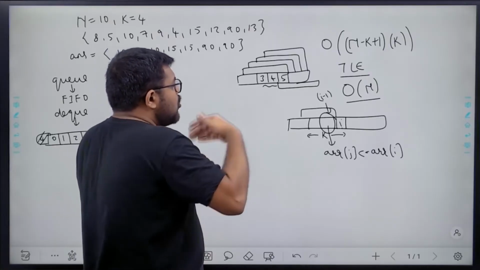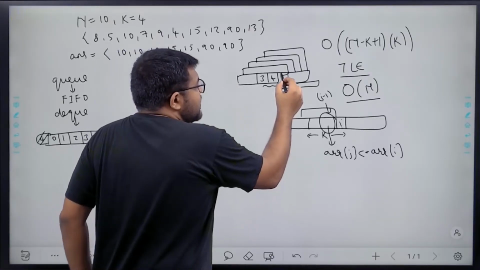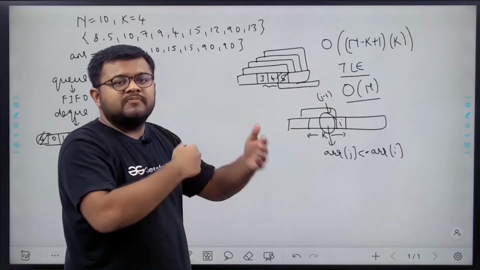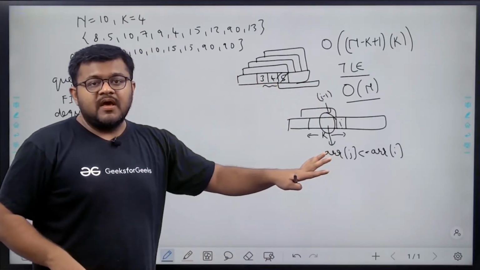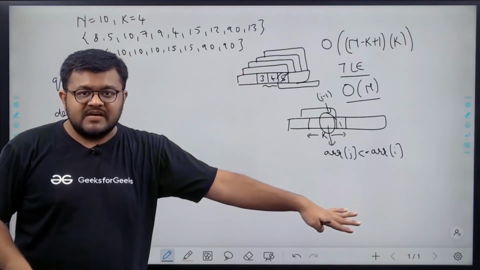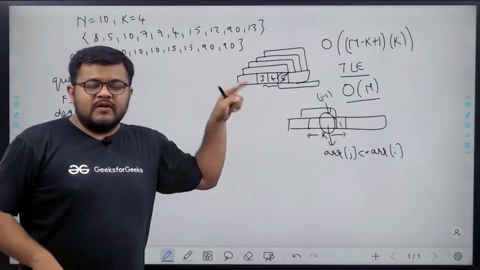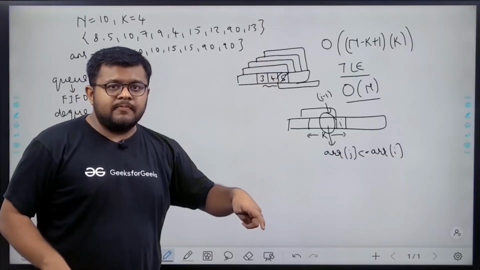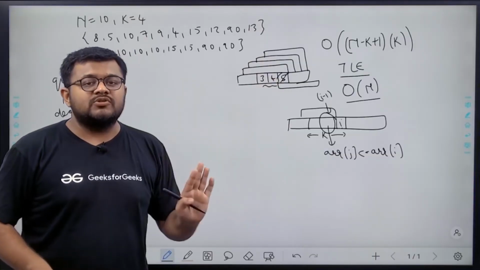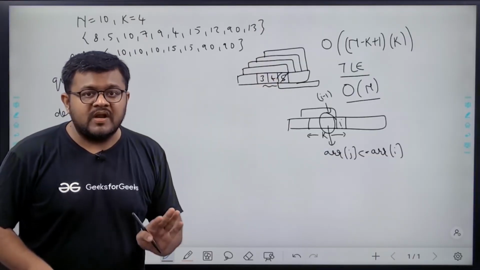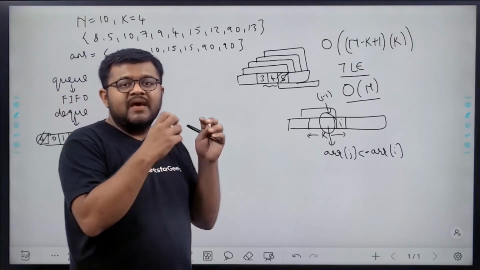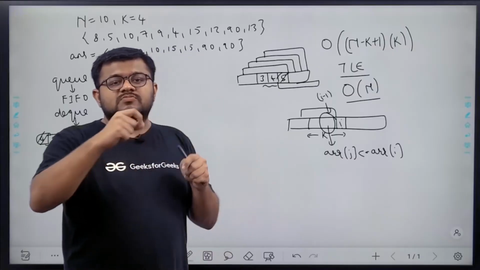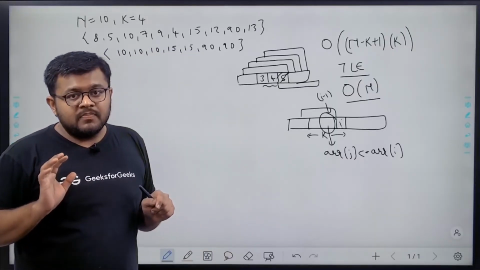So for all the subarrays of size k which are ending at 5 or after 5, 3 and 4 will never be the maximum element, because either they will not be present in it, or if they are present, 5 will definitely be present, and so they will not get a chance to be the maximum element. Are you getting my point? So before inserting a new element in the deque, from the back side, I will remove all the elements which are smaller than that element.